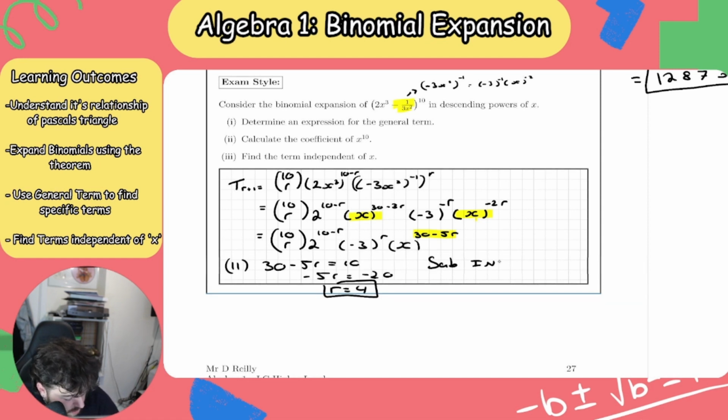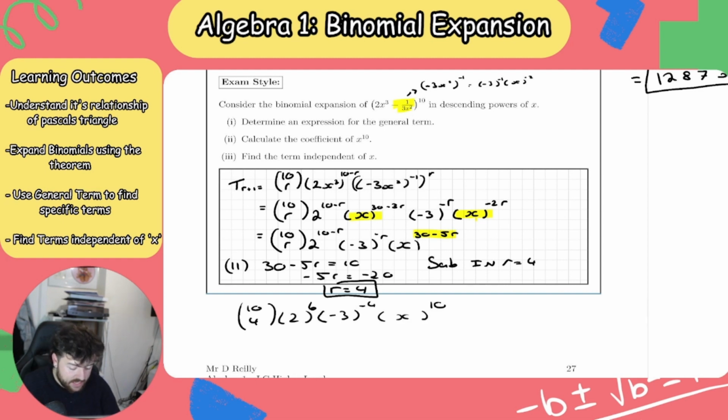So when you sub in r is equal to 4, you get 10 choose 4 times 2 to the power of 6 times minus 3, that's a minus r there, to the power of minus 4, x to the power of 10. Again, put the first three things in your calculator.